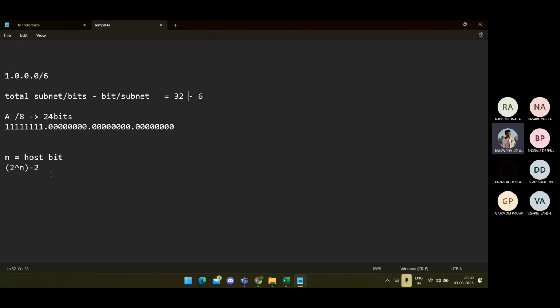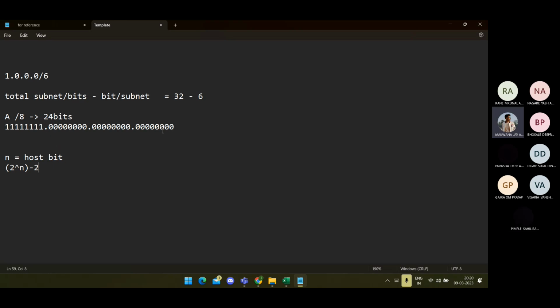So there are 26 bits available for host bits. You don't need to write all this form. You just have to remember this small trick: whatever number is given after the slash, you just have to subtract it from 32. It will give you the number of host bits, which in this case is 26.